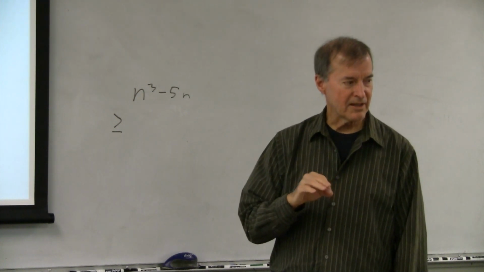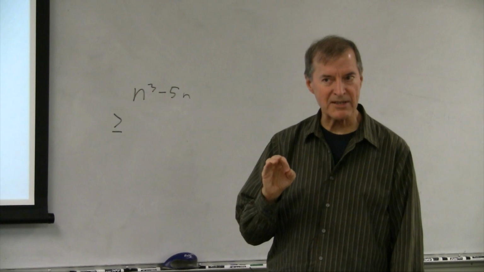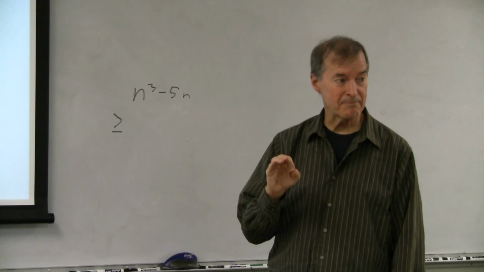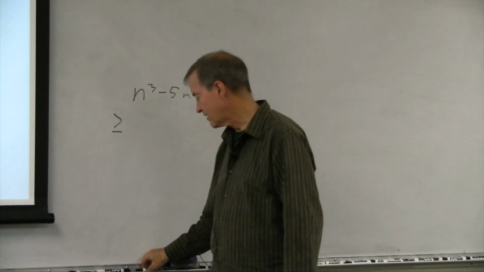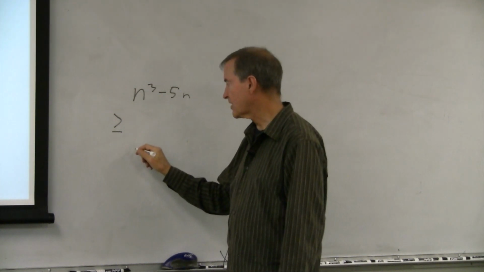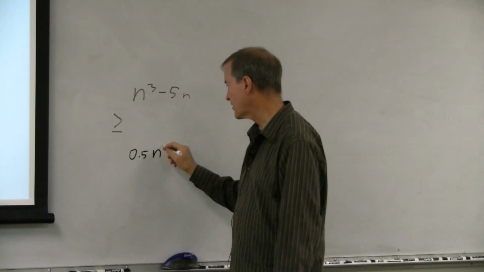The constant has to be positive, but it's allowable for it to be less than 1. So we can just pick it to be 1/2. We can claim that this is greater than or equal to 0.5 n cubed.